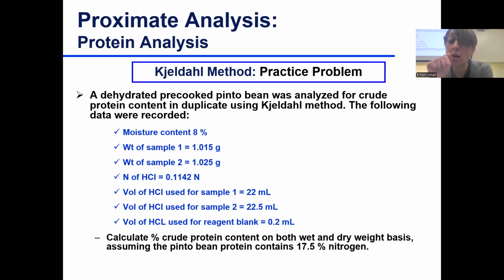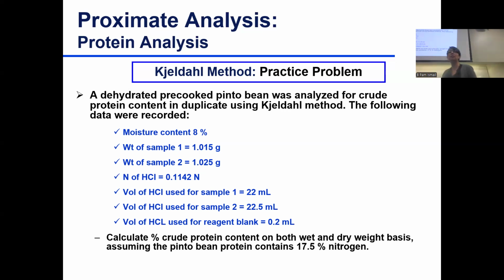So here, what I'm saying is 17.5 grams of nitrogen in 100 grams of that protein. So if I have 100 grams of protein, 17.5 of it is nitrogen. So the conversion factor that I would use if I have a nitrogen to convert to protein is 100 over 17.5.